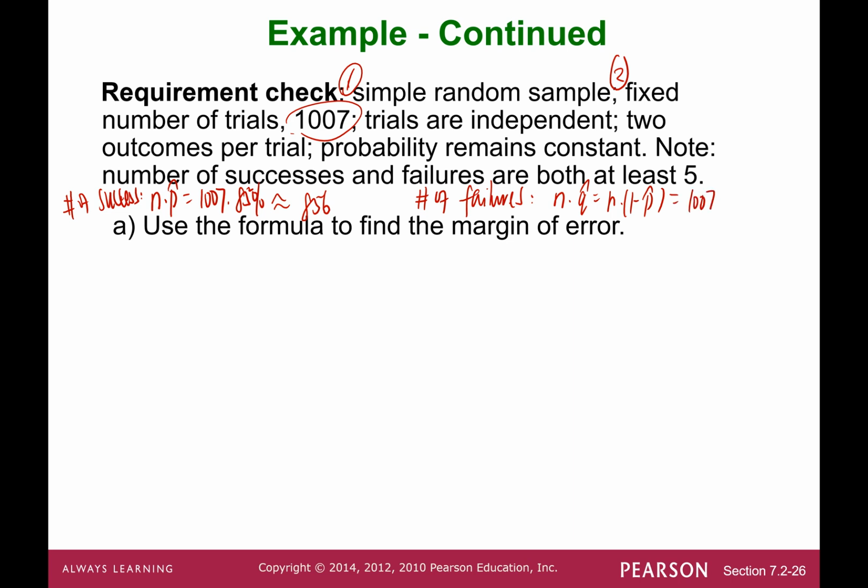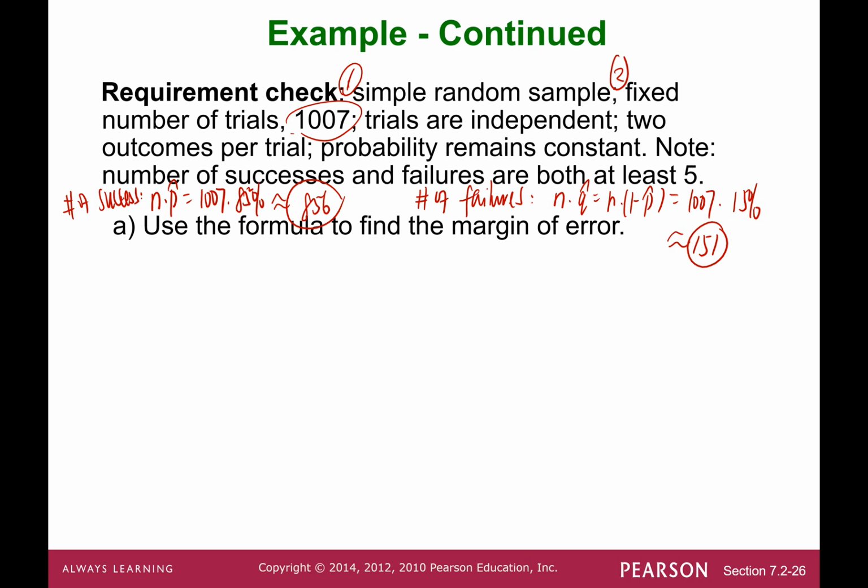It's 1007 times 15%. Let's see what that is. It's going to be 151 failures, 856 successes. They're both bigger than 5, so we're good.